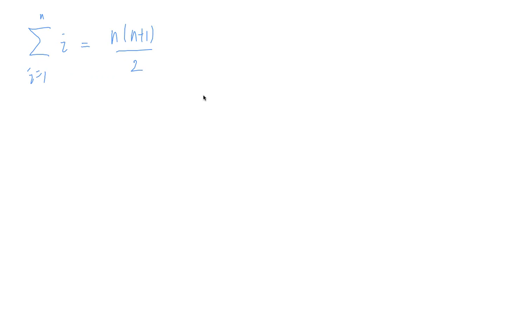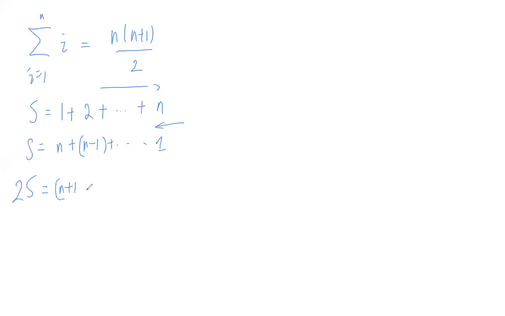Of course, if you want to show this analytically, the usual way is to do some trick like this. You write the sequence in reverse, and you add both of them.